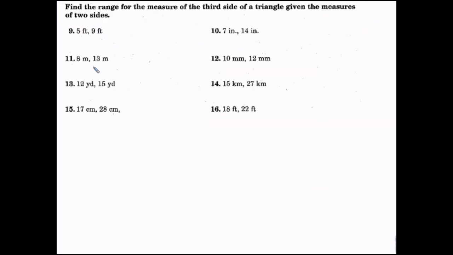So for these, do you think the add subtract method or the algebra method? Add subtract? Okay, so 5 plus 9 is 14. 9 minus 5 is 4. So it's going to be 4 less than x less than 14.